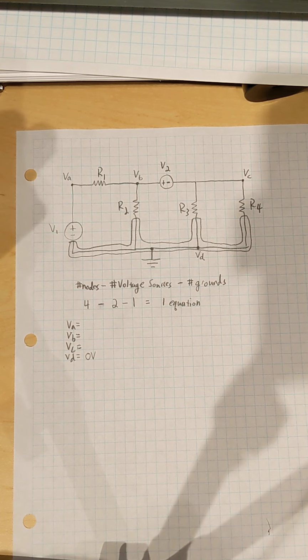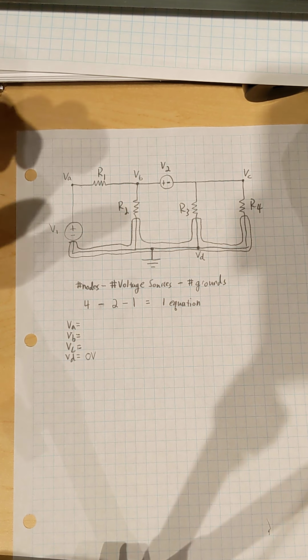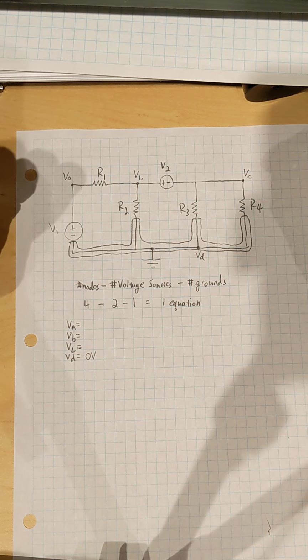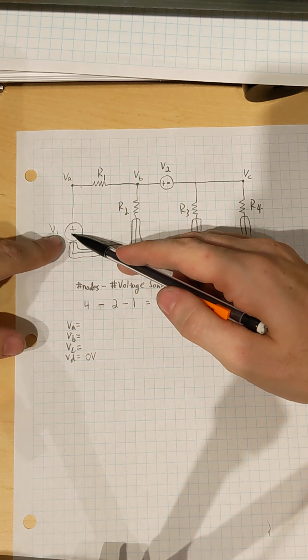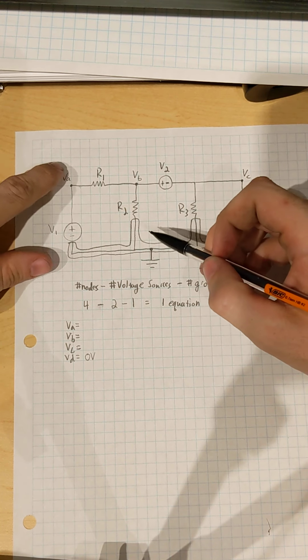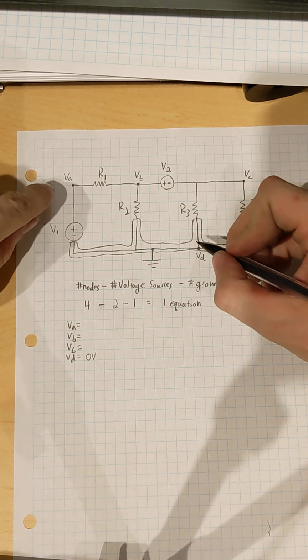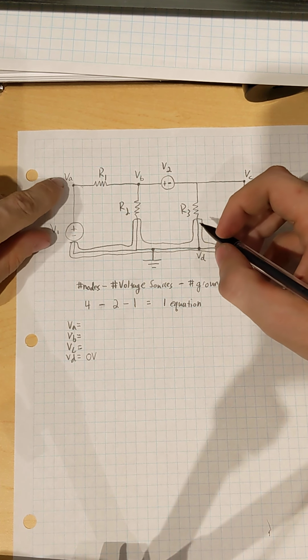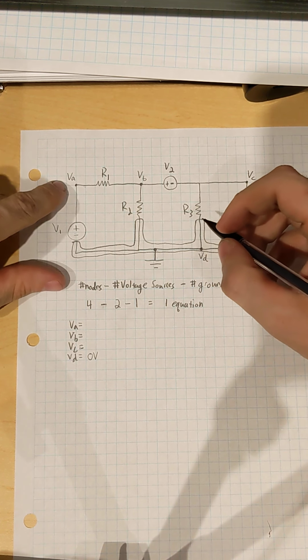The next thing that I'm going to look at is any nodes that are attached to a voltage source, I should be able to write in terms of another node. So this voltage source V1 is attached to VD and VA. So I can actually write VA as such.